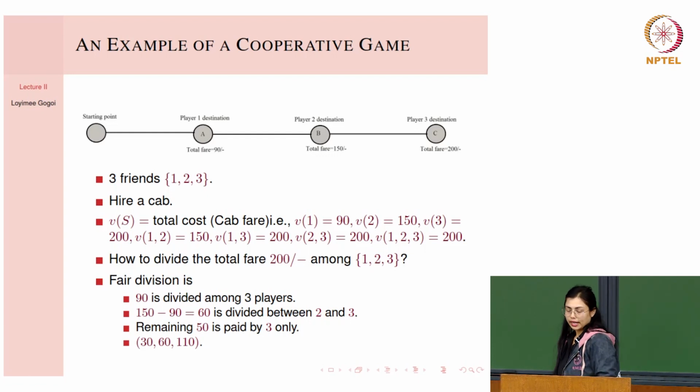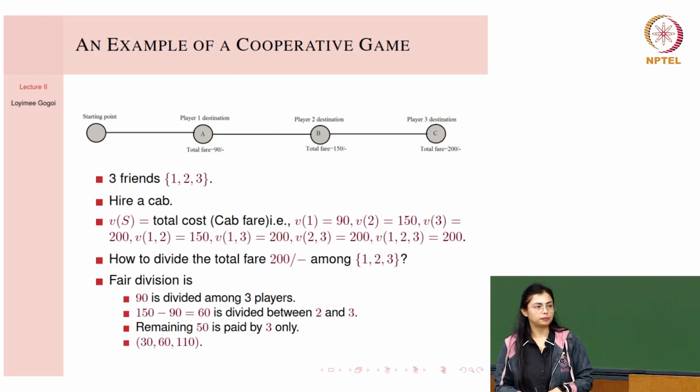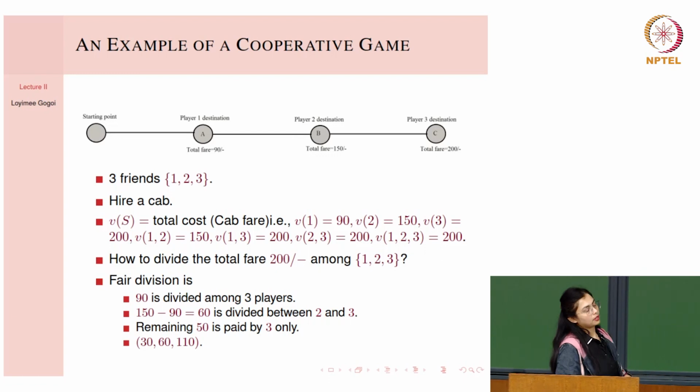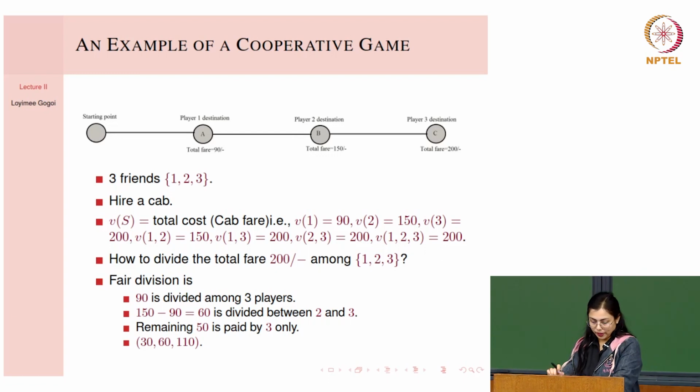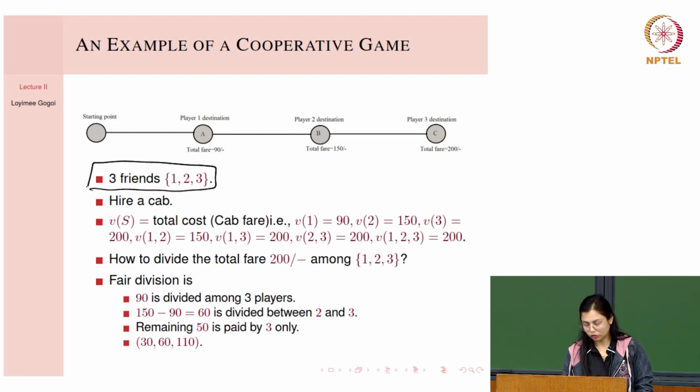Okay. So here I have a very simple example of a cooperative game. Suppose there are 3 friends, 1, 2 and 3, and say they walked together or went for a movie or somewhere.